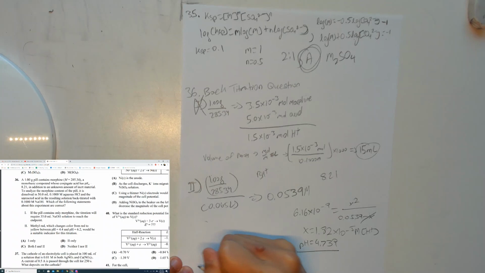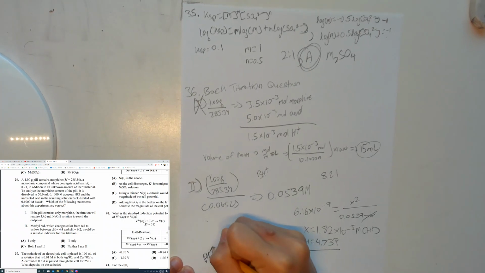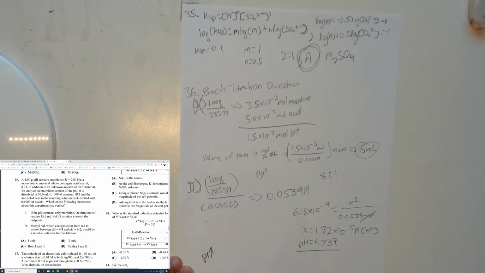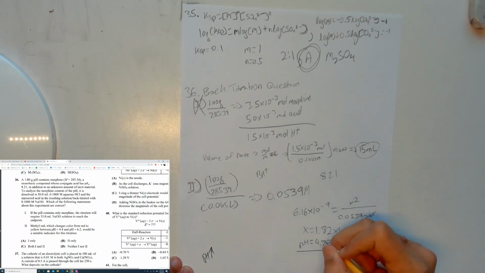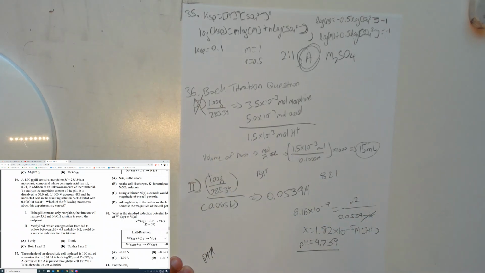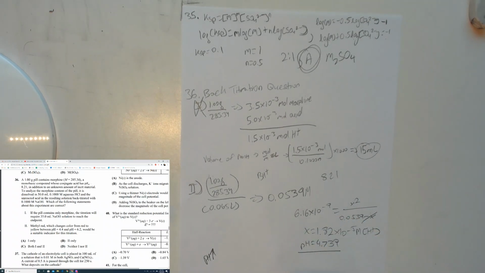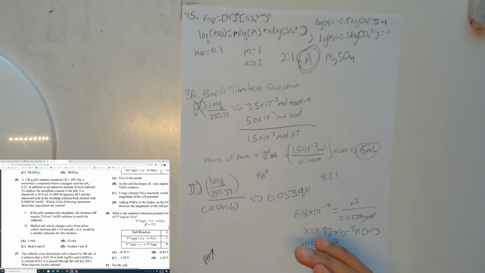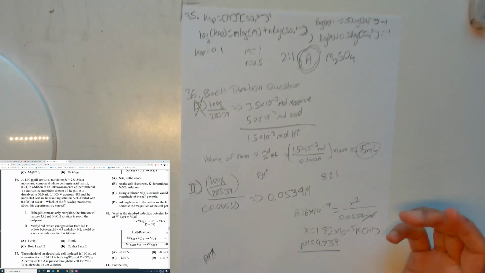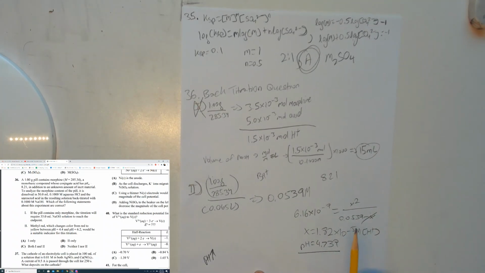Now the implication of this pH is that as you titrate, as you let more OH into the system, the pH will rise. And at the indicator, the indicator will tell us that all of the HCl has been neutralized, which this pH does, because this pH is in the range of 4.4 to 6.2 of the indicator.